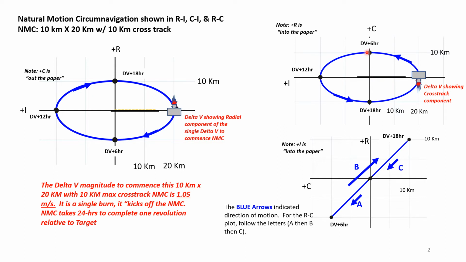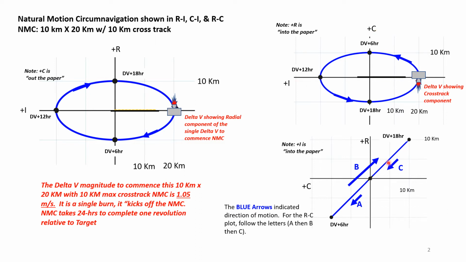So there's the positive 10, then we cross the I-bar. That's right over here in this depiction, and then it comes back through the negative cross-track at the 18-hour point. So over here, it's 10 kilometers into the paper. You see that? So this is cross-track, in-track.